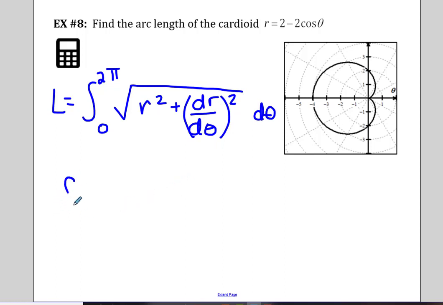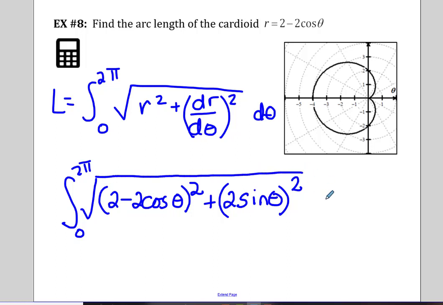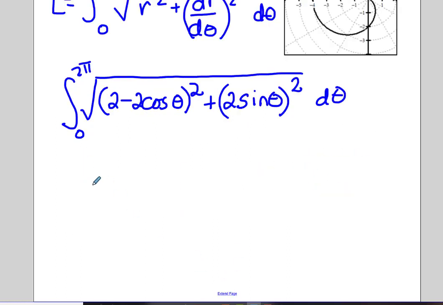So we're looking at from 0 to 2 pi for 1 revolution, and then 2 minus 2 cosine theta, quantity squared, and then the derivative would be positive 2 sine theta, and we're squaring that. That entire term is under the radical. That's the biggest mistake that people make, is forgetting that radical.